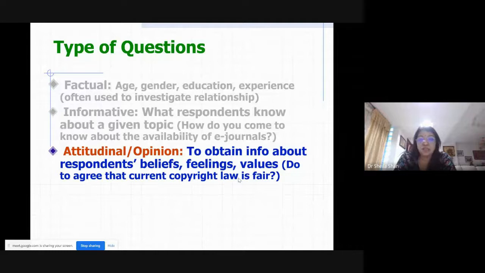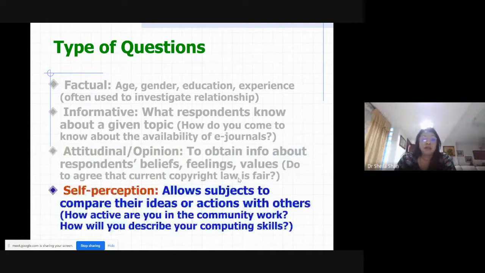So you want to obtain information about the respondent's beliefs, feelings, or values. Self-perception: how active are you in community work? Social service. Why are some people so involved in community work? Is it something to do with religion?